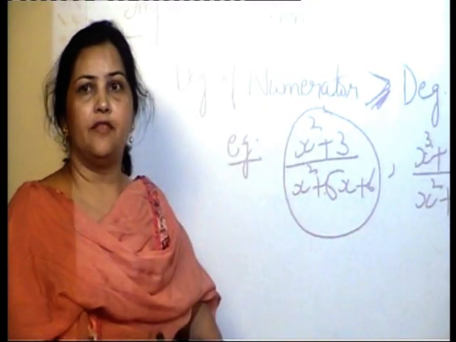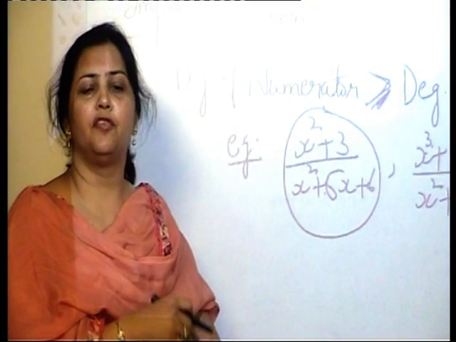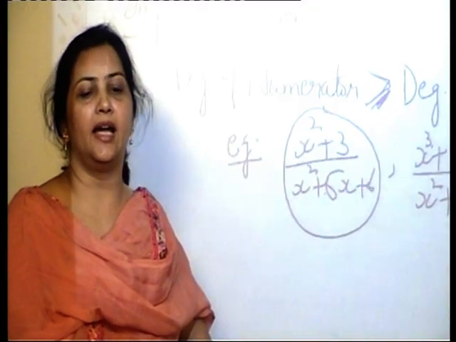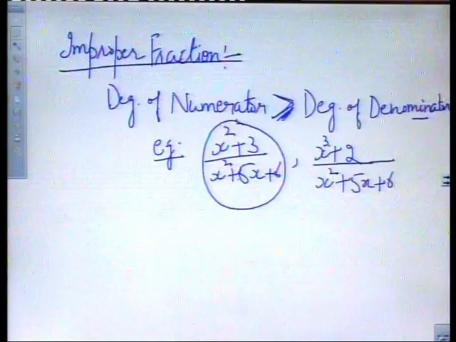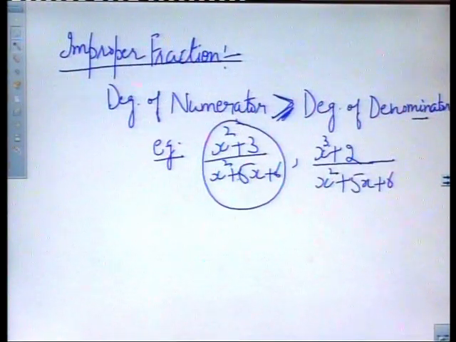Now, the thing we must keep in mind before solving the questions is that the given fraction that we are to resolve should be a proper fraction. If it is an improper fraction, first we will change it into a proper fraction. The question arises, how do we change an improper fraction to a proper fraction? This we can do by division.